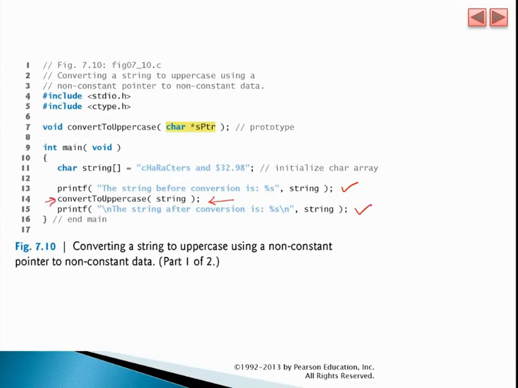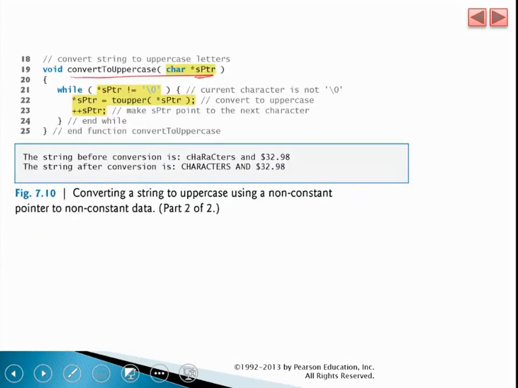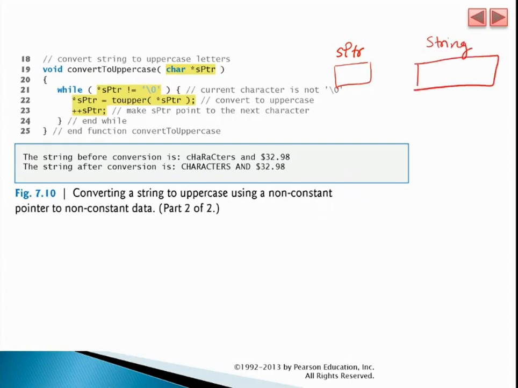Now let's see what will happen in this function. In convert to uppercase, this is the s pointer. S pointer is a pointer which points to character type data, so this is pointing to the actual string. String is an array, and something is written there, so we are pointing to this string.